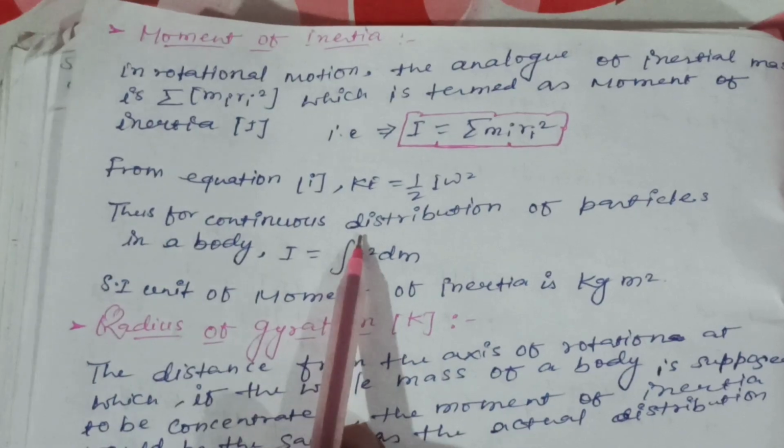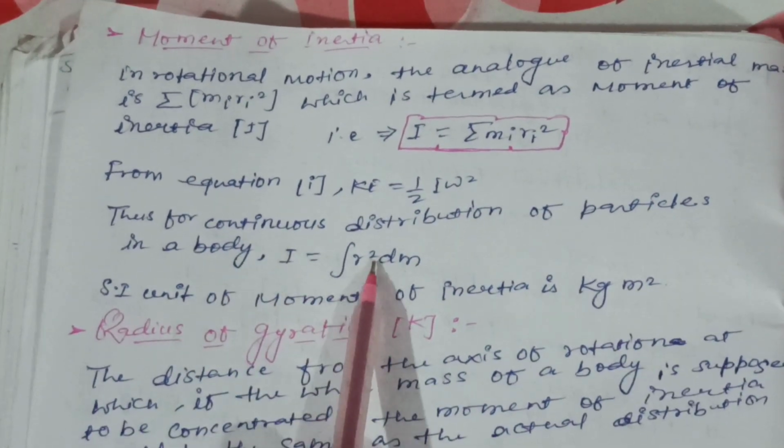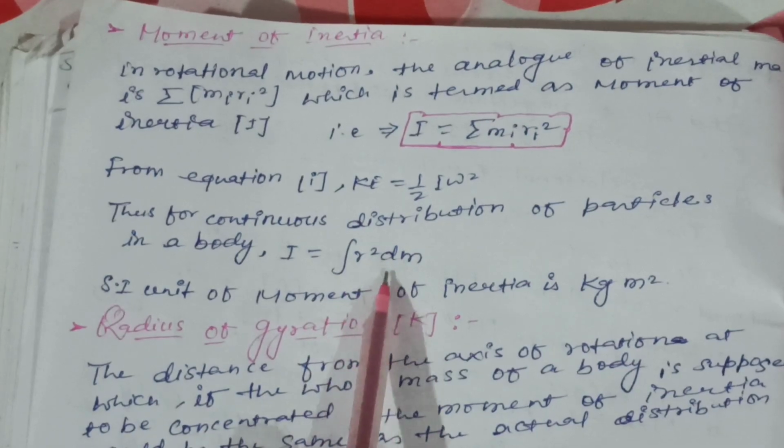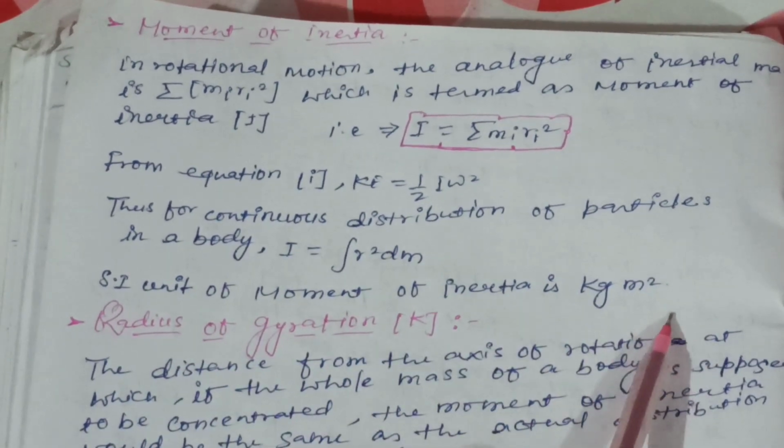Thus for continuous distributions of particles in a body, I is equal to integral of r squared dm. SI unit of moment of inertia is kg meter squared.